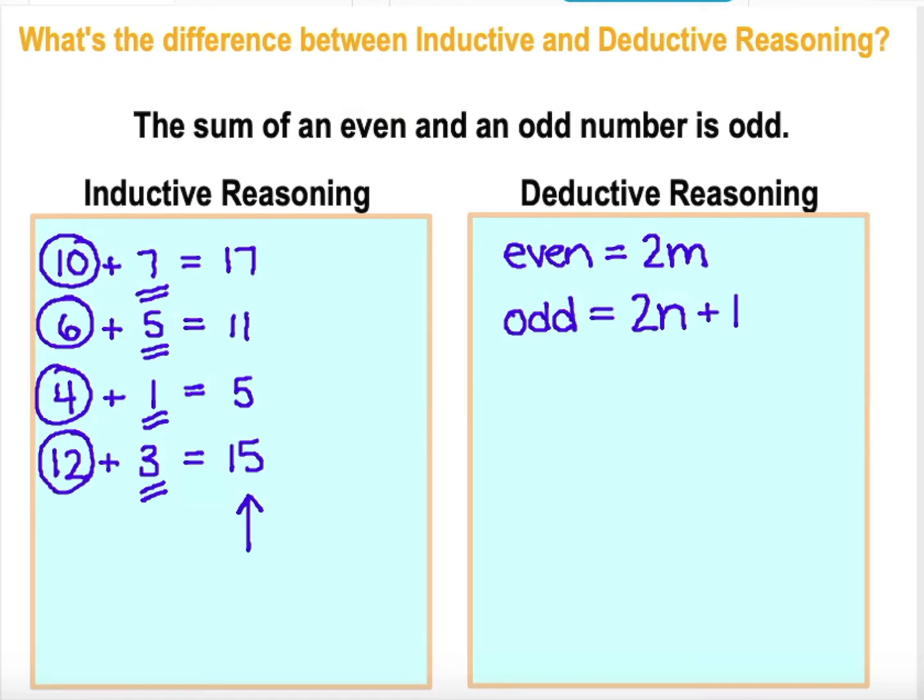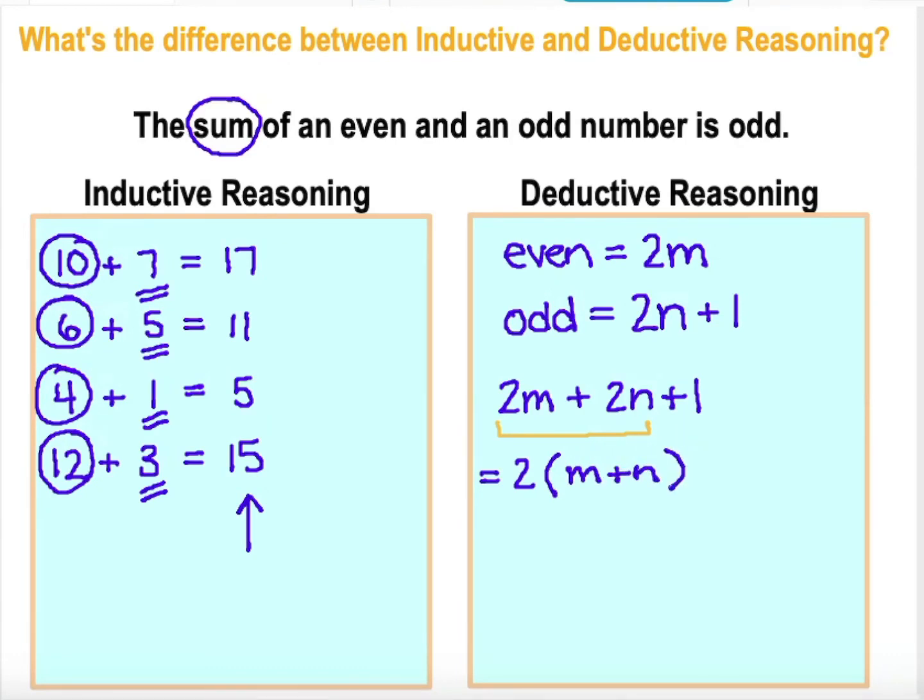What happens when I take the sum of those 2? If I take my even number plus my odd number, well, do you remember how to factor out, kind of undistribute a 2 right here? Divide a 2 out of both of those.